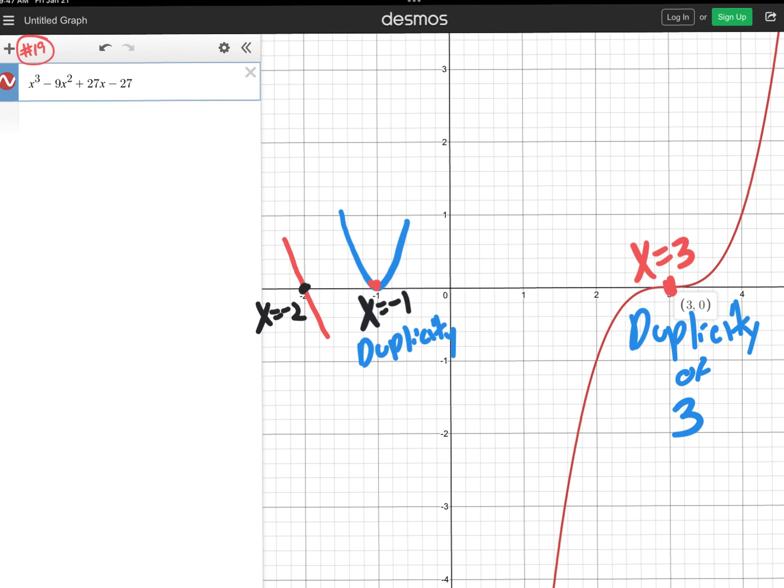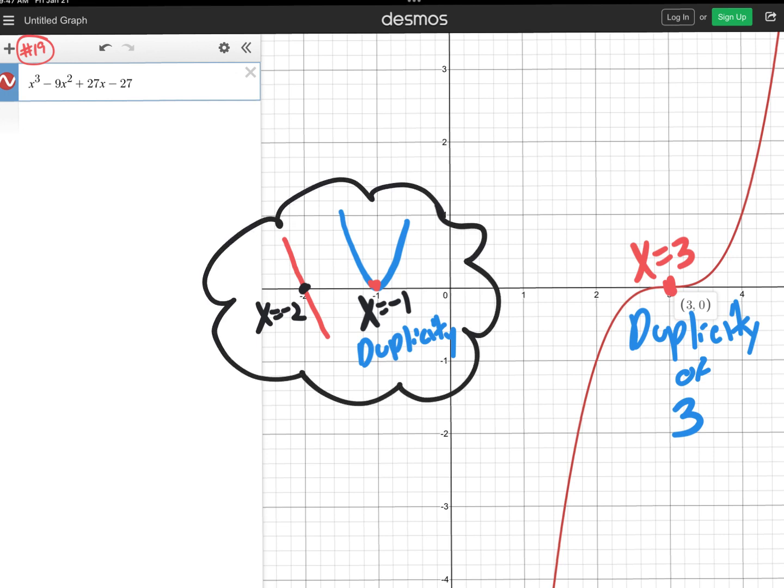And this guy, if it crosses like a cubic function, yes, it only has one answer, but that single answer could have a duplicity of 3 or 5 or 7, an odd degree duplicity. Now, obviously, these guys over here aren't part of the actual graph on Desmos, right? I typed this in. What did I get?